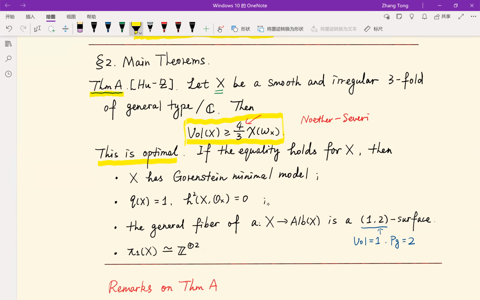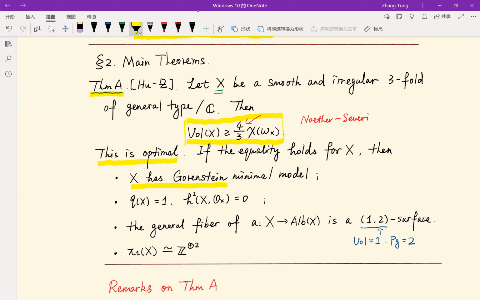The first description is that the minimal model cannot have very bad singularities. For example, we proved that it's always Gorenstein, which means that if X is minimal, then the canonical divisor has to be Cartier. So this is the first property.